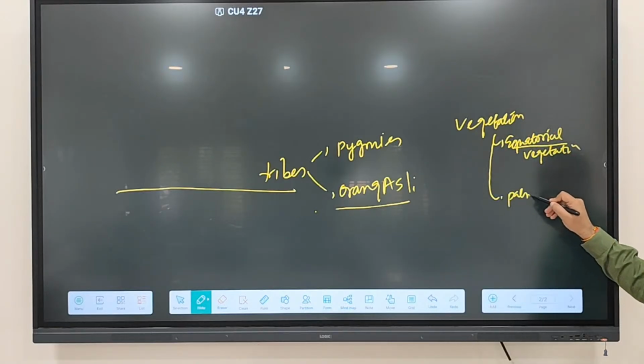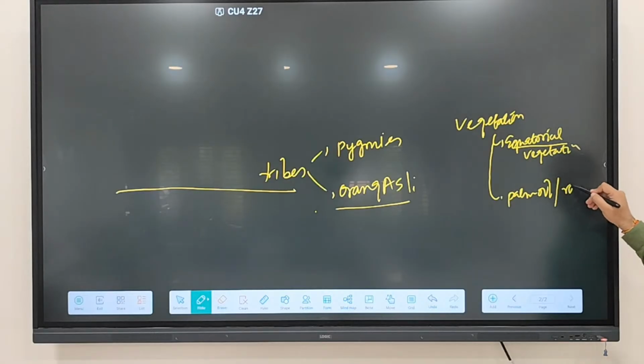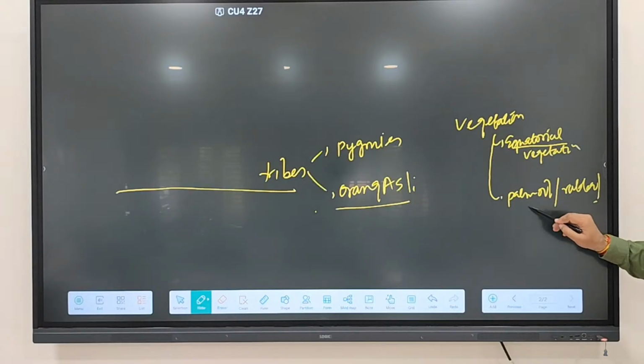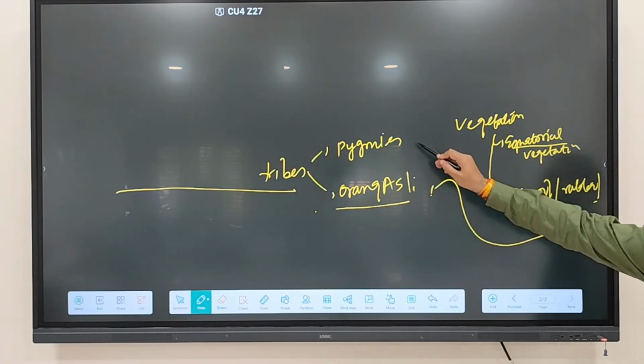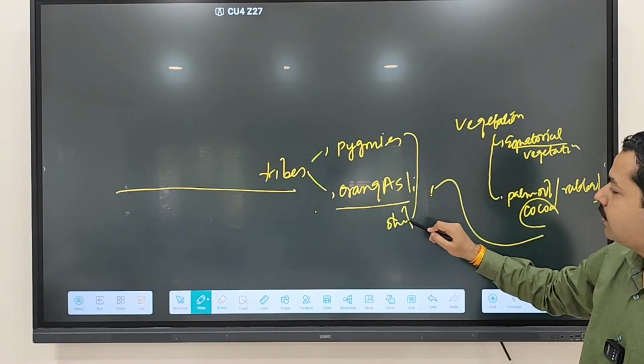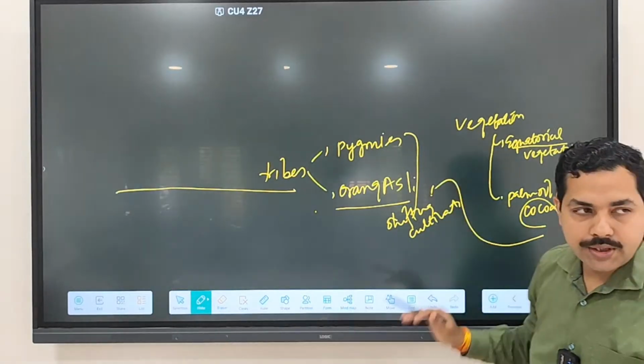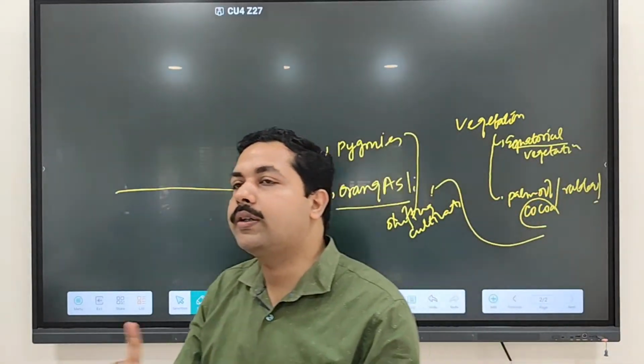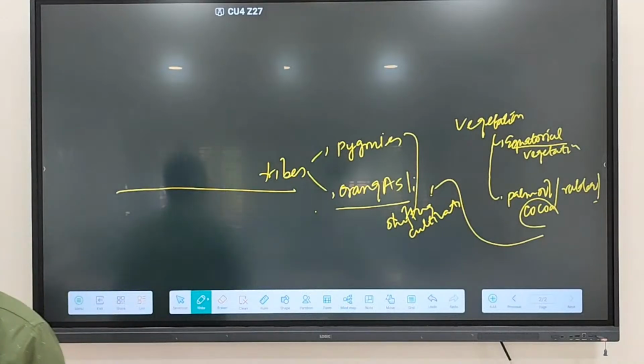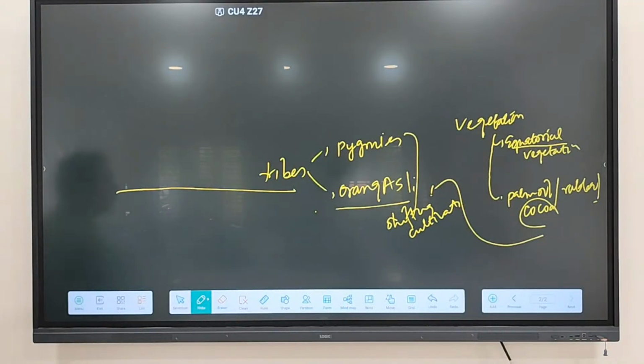Palm oil, rubber, and also, we discussed, cocoa. These are being cultivated, and shifting cultivation is being practiced by whom? By the tribes. Fine. So this is an important aspect you have to keep in mind regarding the vegetation that you're going to find.